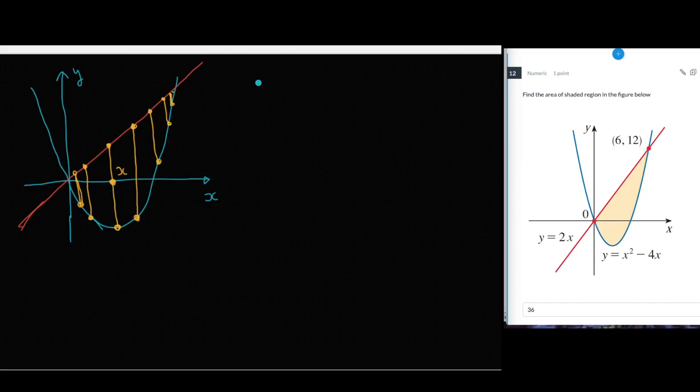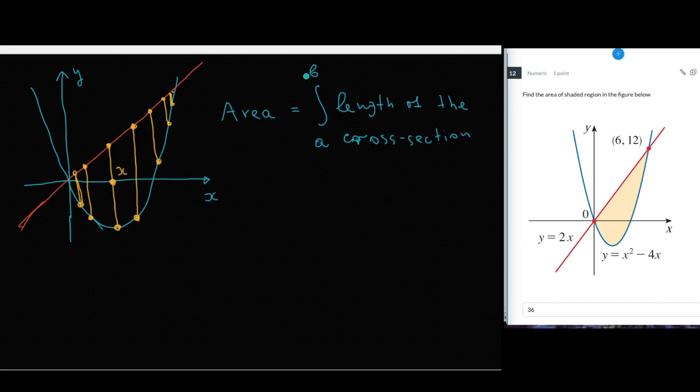And the key principle that I was talking about is that to calculate the area of a region, we need to integrate the length of the cross-section on some interval a to b.